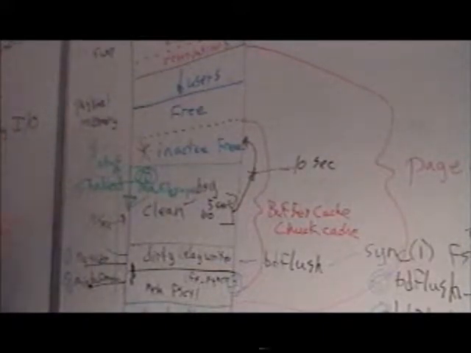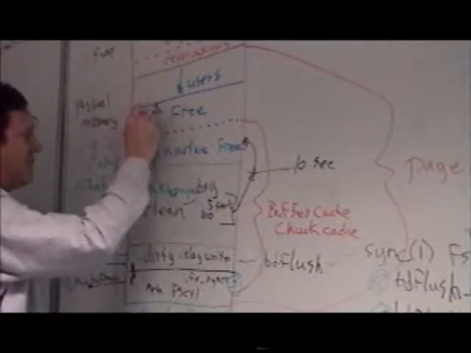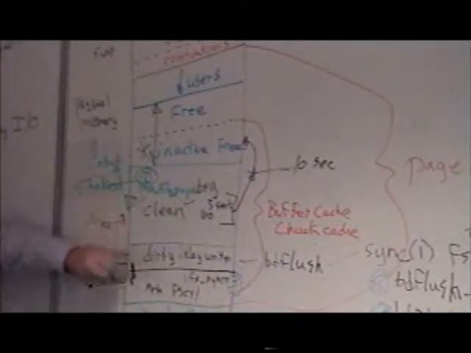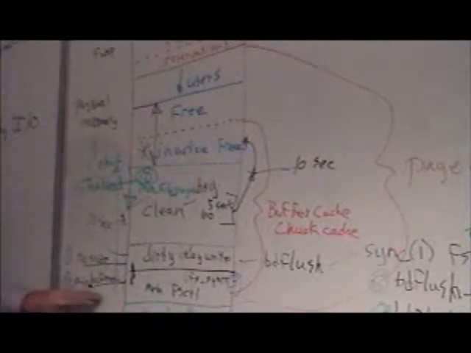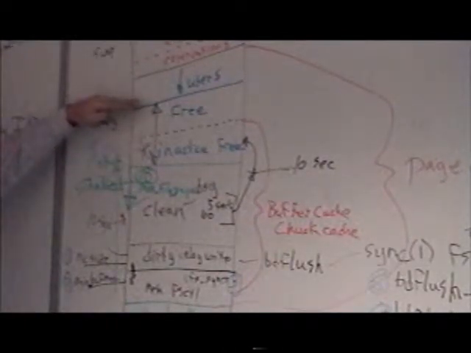Now, Shake D also has another parameter that controls this. How much space am I going to keep between my users and my cache? So Shake D is waking up and trying to push the kernel down. It's going to push the kernel down based upon min file pages or min buff mem, but it's also going to have another stopping point here, and it'll say once I hit min free pages, stop.